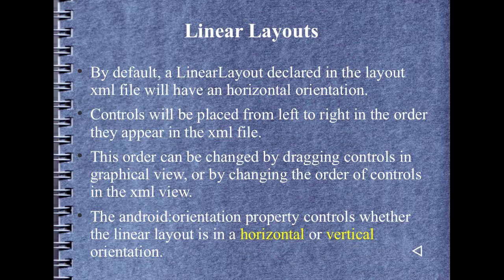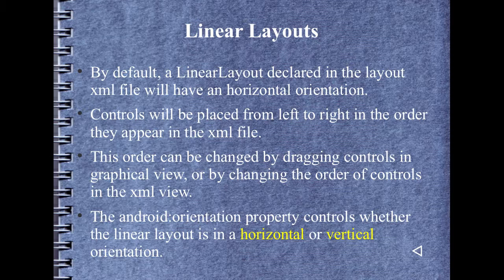By default, when we create a linear layout, if we give it no orientation, it will have a horizontal orientation. In other words, when we place controls on the layout, they will be placed horizontally next to one another, in the left to right order that they appear in the XML file.